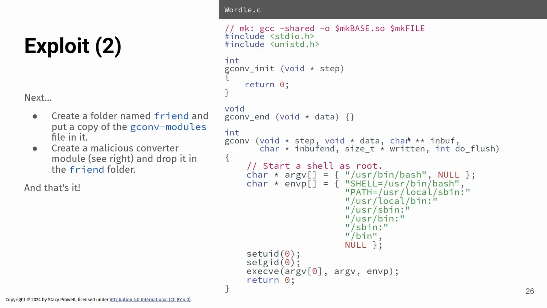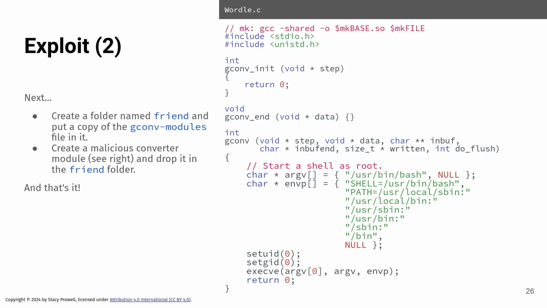I ignore all the stuff it's giving me, and all I do is set argv to be /usr/bin/bash. I set my environment. I give it a basic shell, a basic path that contains /usr/local/sbin, /usr/local/bin, /usr/sbin, /usr/bin, /sbin, /bin. That's it, the usual default path. And then I set my user ID to 0, set my group ID to 0. Those are the values for root. I'm allowed to do that because I'm a setuid program.